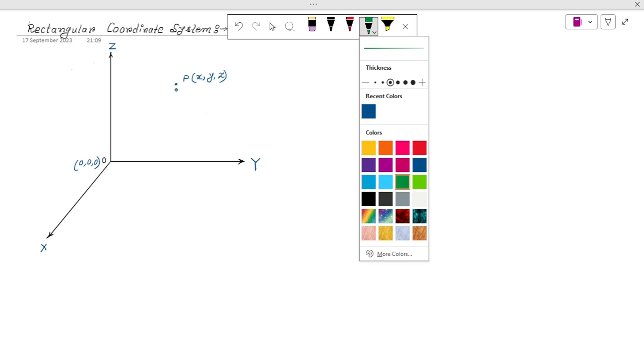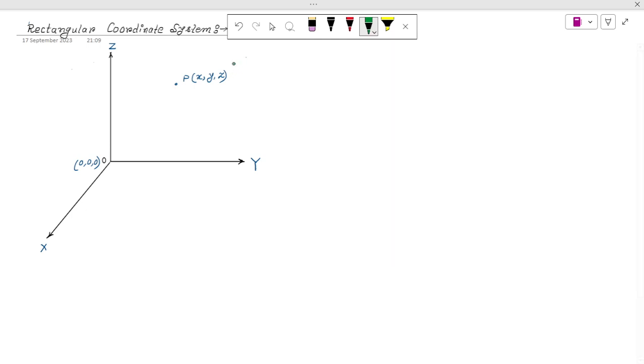What we have to do? Follow the procedure. From this point P, we have to draw a straight line. So this will be the straight line, which you have to plot on the xy plane. This is my xy plane, and this is my xz plane, and this is my zy or yz plane.